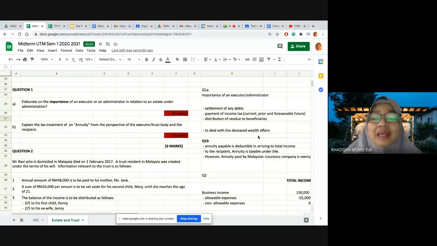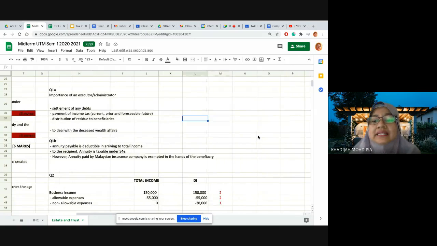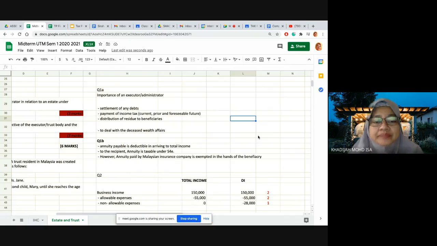The annuity payment is given as a deduction against your aggregate income, and to the recipient it is a section 4E lah, is assessable or chargeable to tax. But if it's annuity paid by a Malaysian insurance company, then the annuity is exempted from tax in the hands of the recipient.